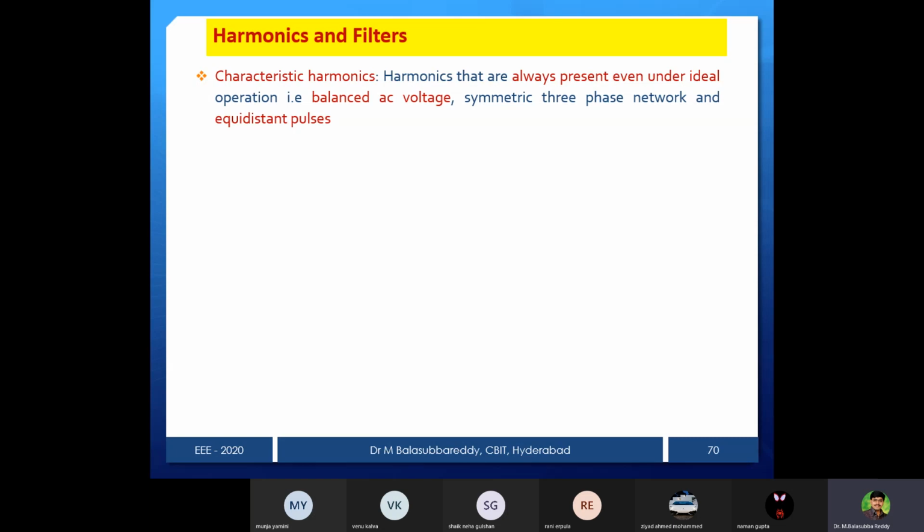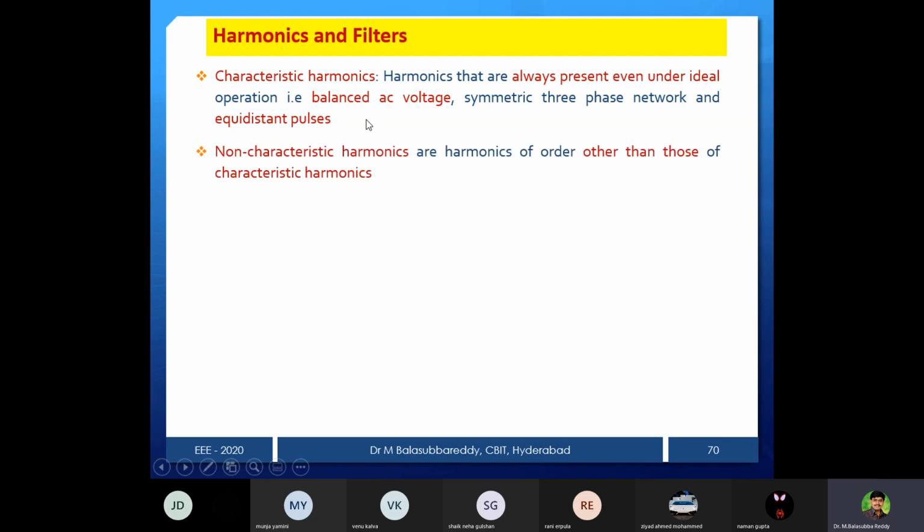Characteristic harmonics are always present even in ideal conditions, like balanced AC voltage, symmetrical three-phase network, and equidistant pulses. So even in normal cases there are harmonics, because of the controllers at the source side as well as the receiving end side.